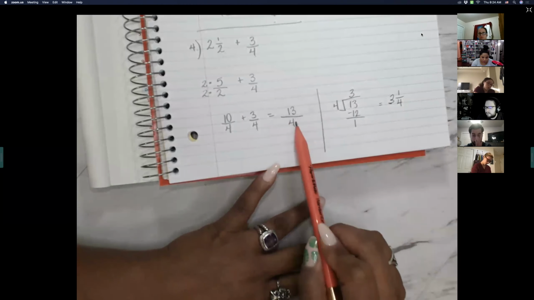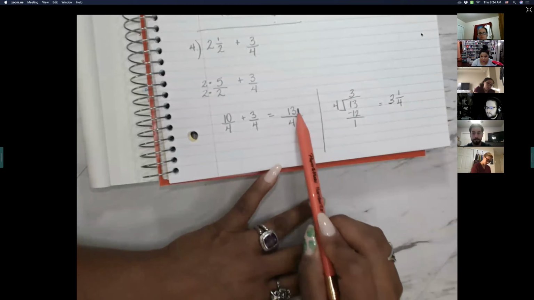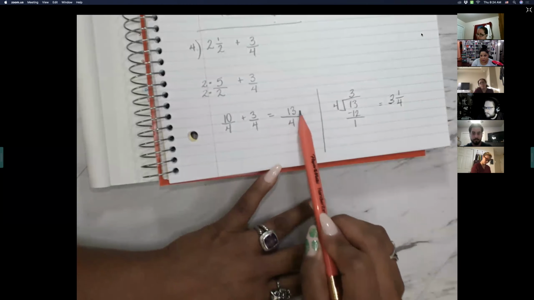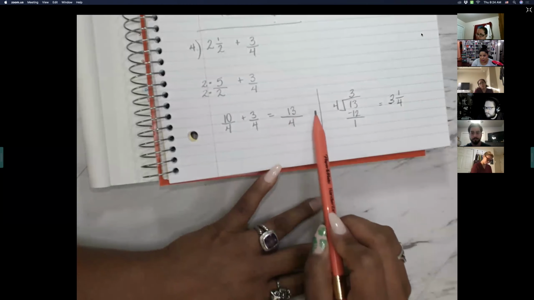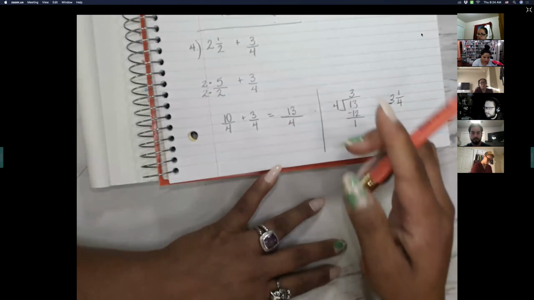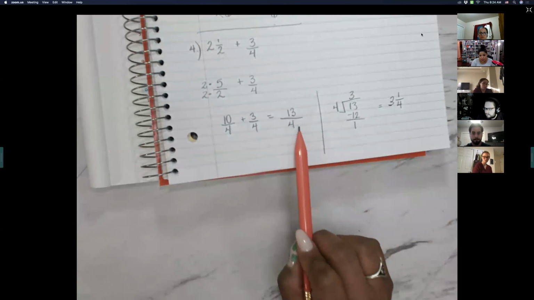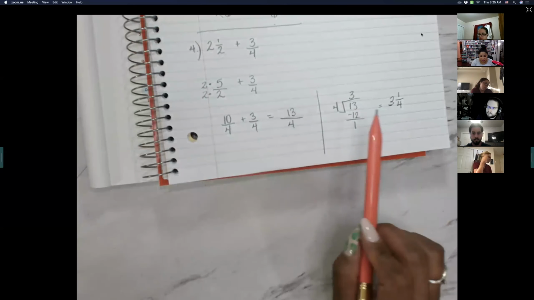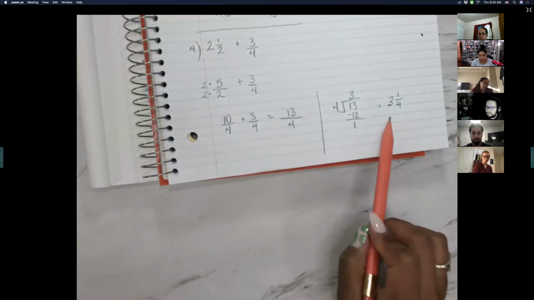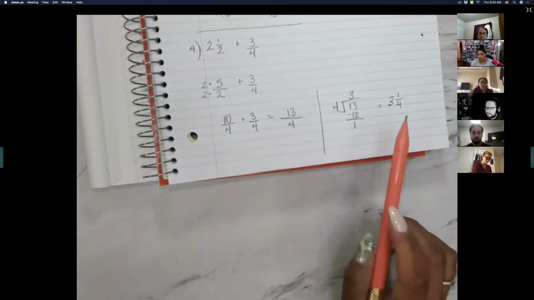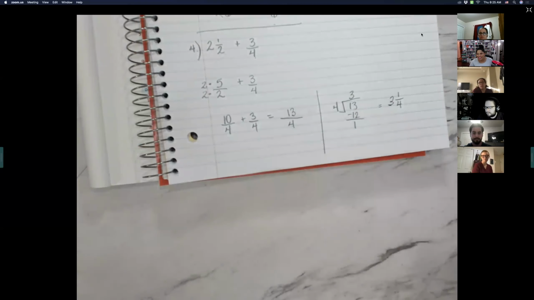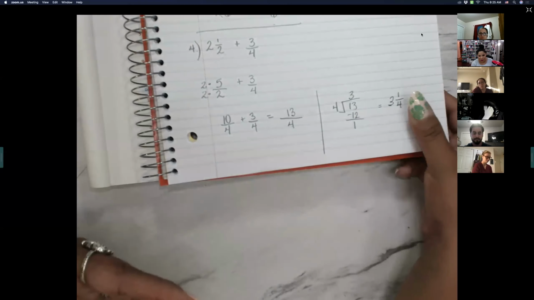So I can divide 4 by 4, but if I divide 13 by 4, I'm going to get a fraction, right? And we can't do that. This will make sense as we continue into the next section. But I can take this from being an improper fraction and convert it into a mixed number. Does that make sense? You can tell me no. We're going to keep going, okay?